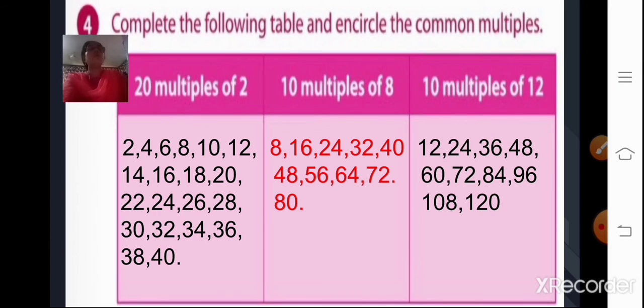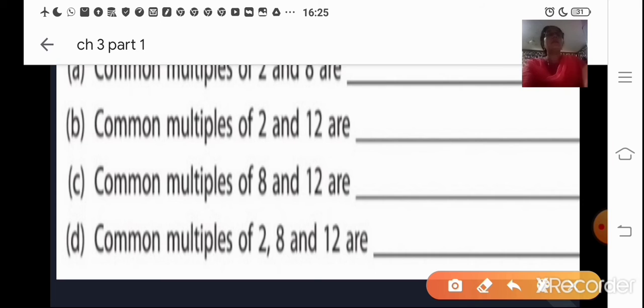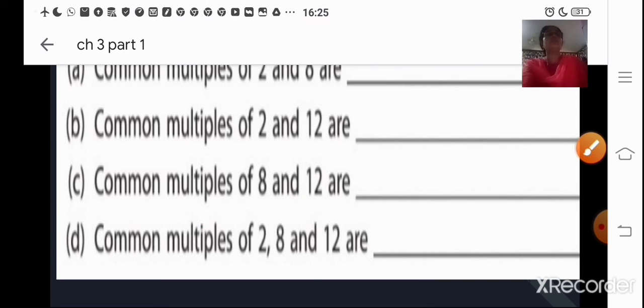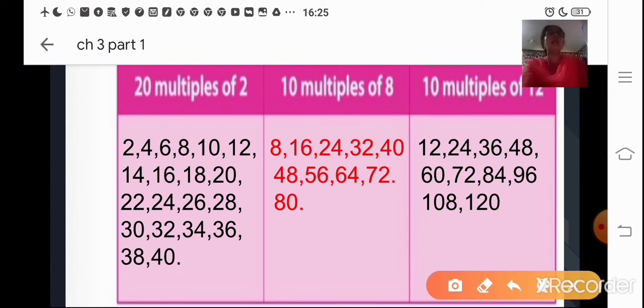Then you have to encircle the common multiples. In the next one, the question asks for common multiples of 2 and 8. Now in this we have written the multiples. Now you have to encircle the common multiples of 2 and 8. Now which are the common multiples of 2 and 8?